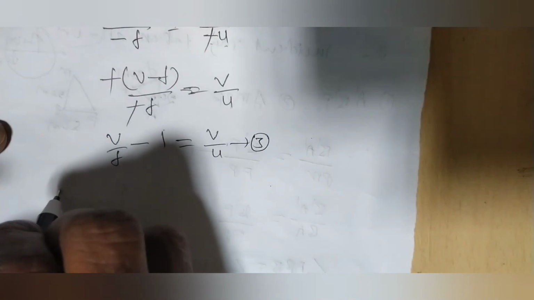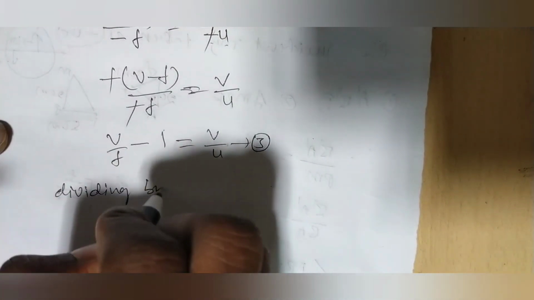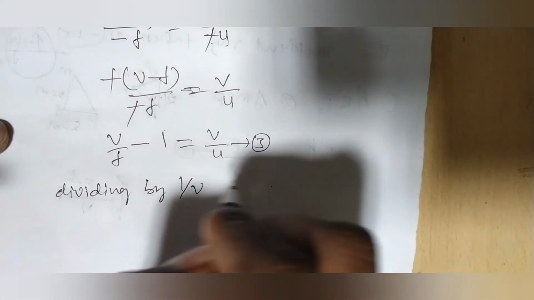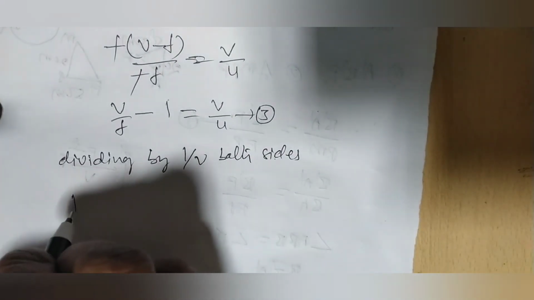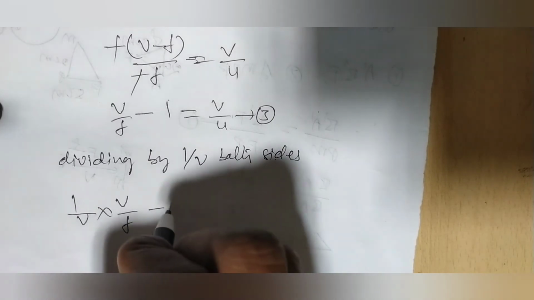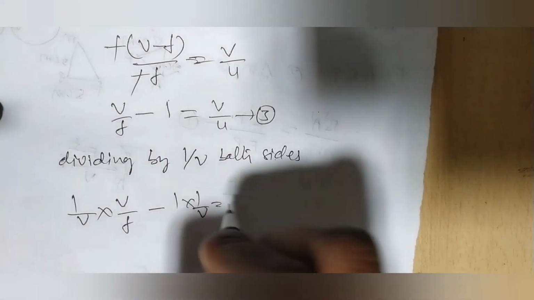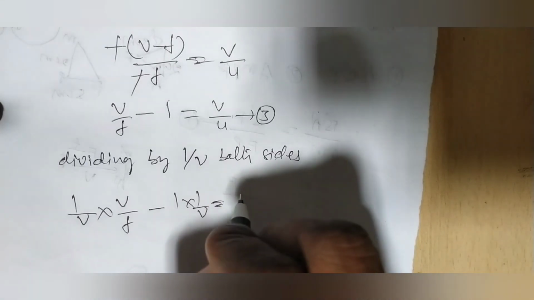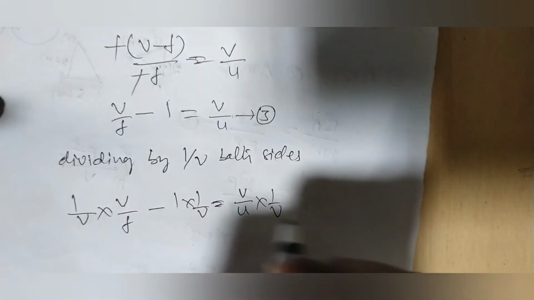This is dividing by 1 by v on both sides. Both sides means 1 by v into v by f minus 1 into 1 by v is equal to v by u into 1 by v.